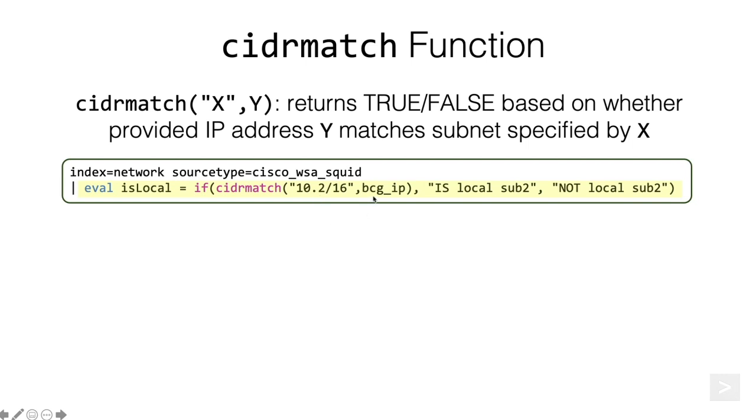The field containing the IP addresses is passed in as the second argument. If an IP address stored within this bcg_ip field within an event matches this subnet, cidrmatch will return true, and isLocal will take a value of isLocal_sub2. Otherwise, it will take a value of not_local_sub2.